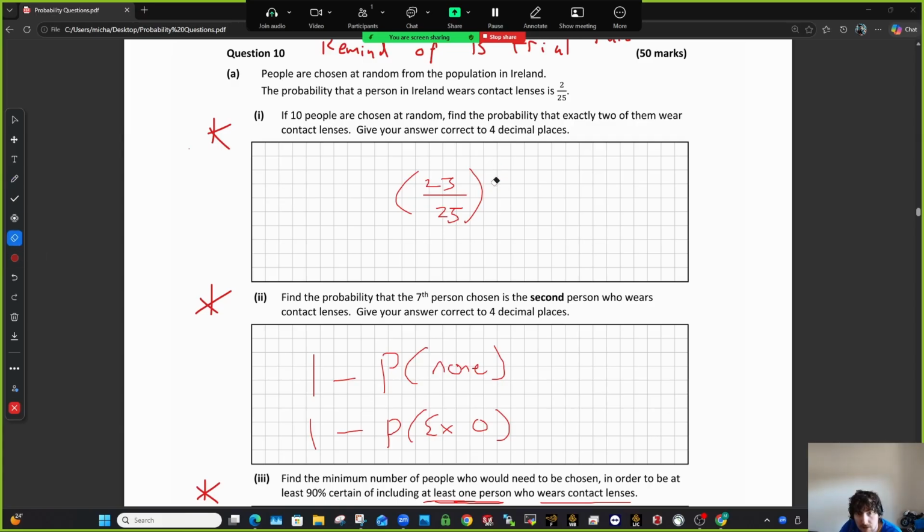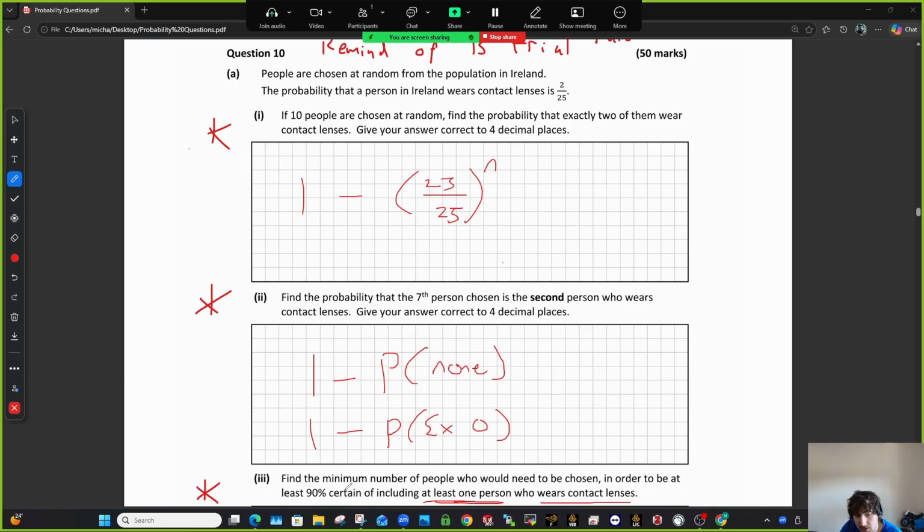If we're doing this for n people, it's to the power of n, okay? So hopefully people can realize, when we're looking for the probability of at least 1, we're going 1 minus none in n people. So it's 1 minus this, right?